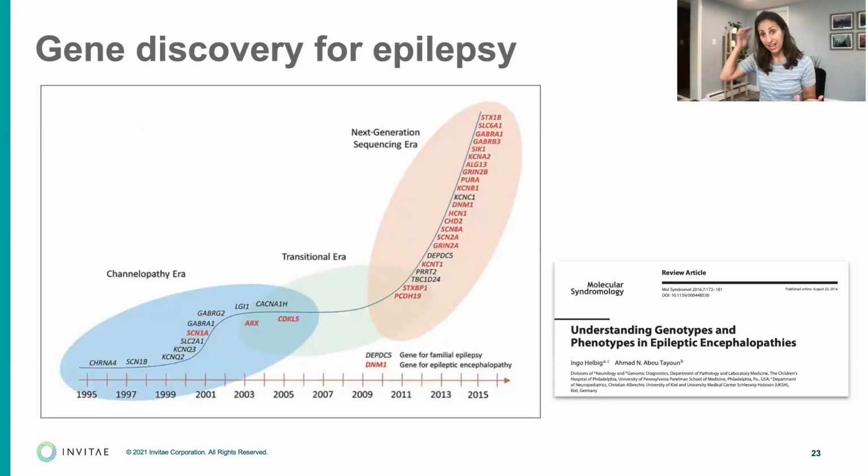On the flip side, as we've been able to sequence more and more data for more and more individuals, we've also learned about so many more genes. This is a common image that we like to throw up, from Ingo Helbig, showing this trajectory in epilepsy, and this just continues to grow.